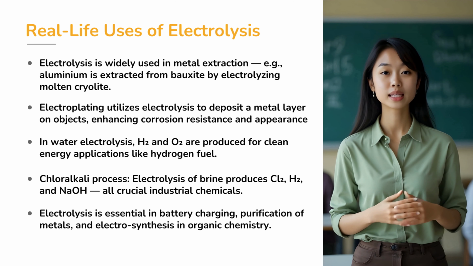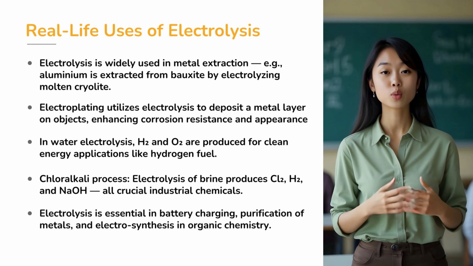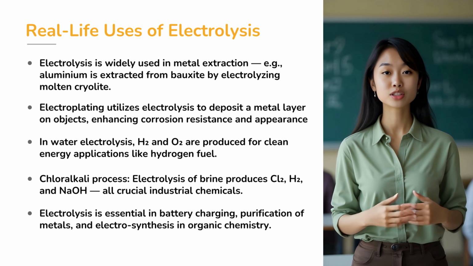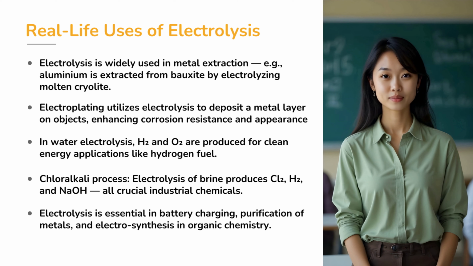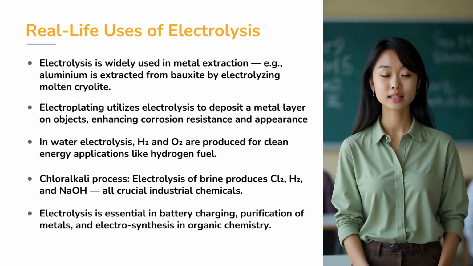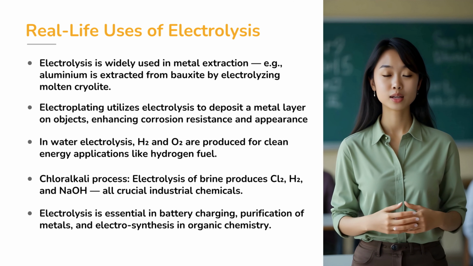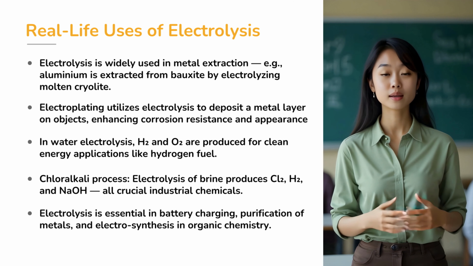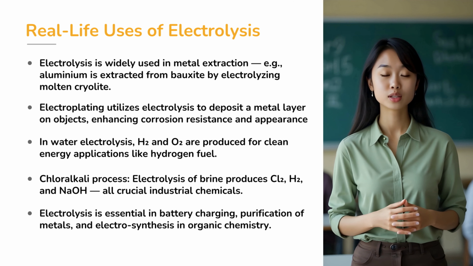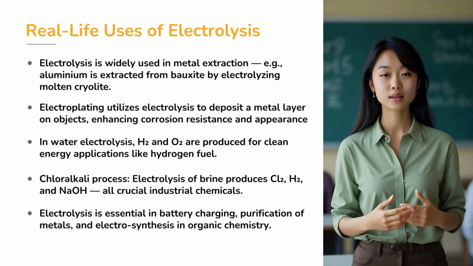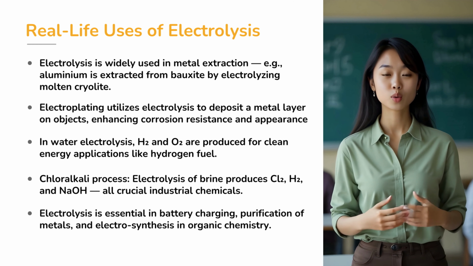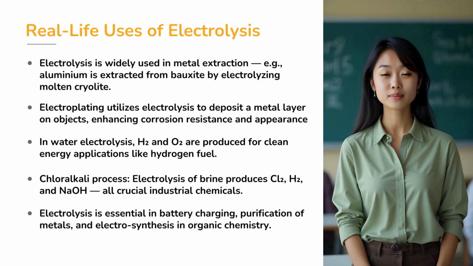Another powerful application is the electrolysis of water to generate hydrogen and oxygen gas, a sustainable step toward clean hydrogen fuel. The chloralkali process, used in industry, electrolyzes brine to yield chlorine, hydrogen, and sodium hydroxide, all crucial for detergents, PVC, and disinfectants. In short, electrolysis is the chemical workhorse of modern technology.